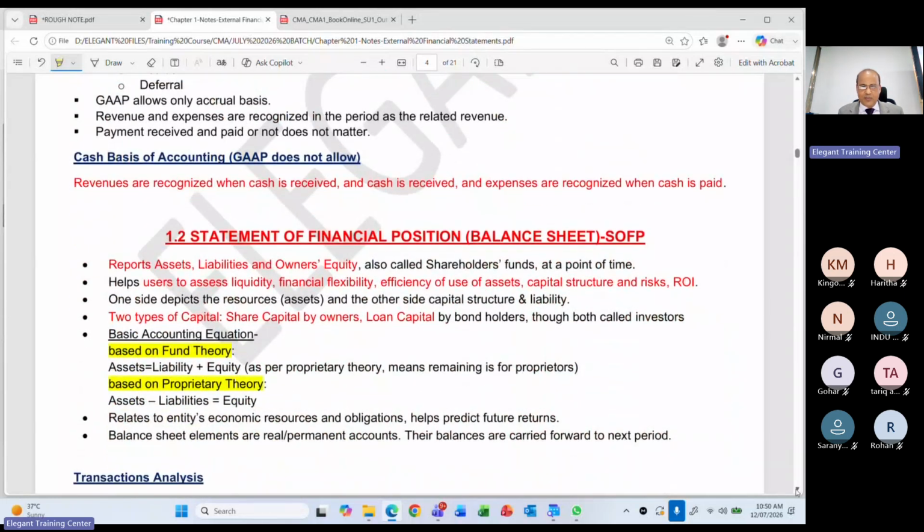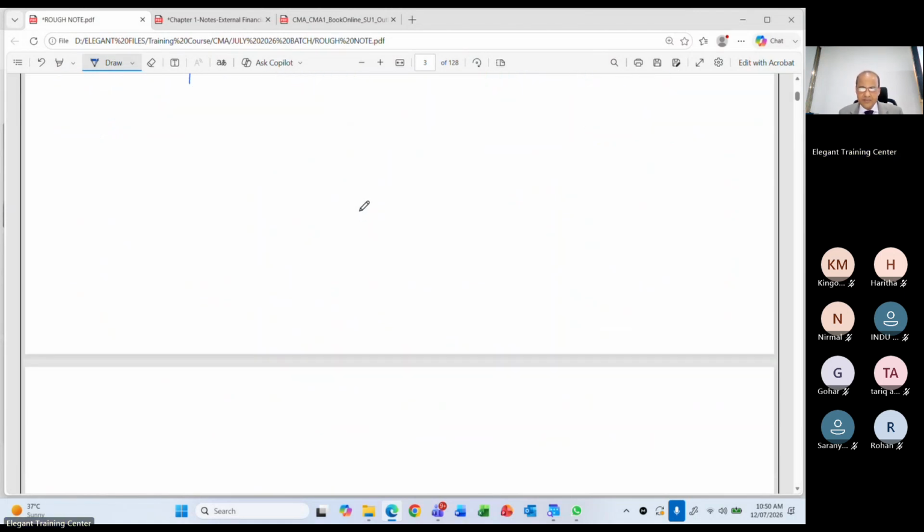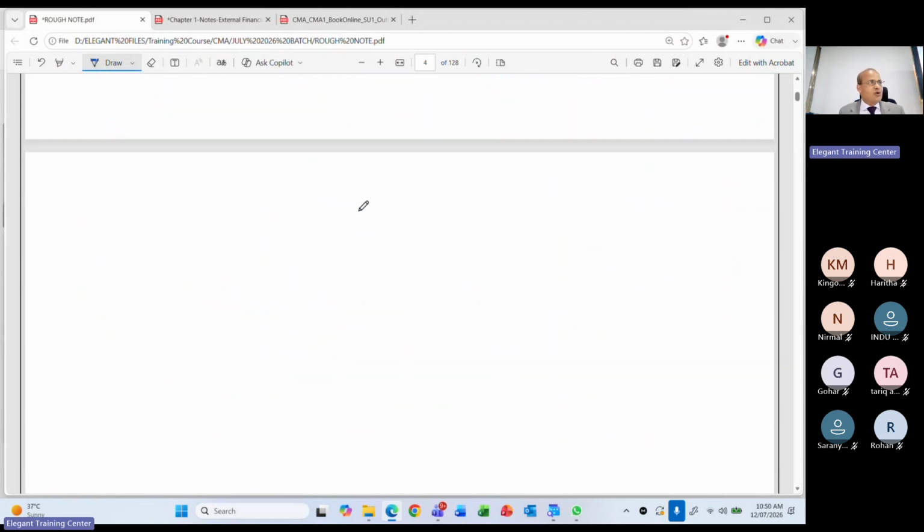Next coming, statement of financial position. First, we'll talk about the balance sheet. Now we are going to understand the financials one by one, right? And financials generally come as the income statement, then the balance sheet. But first we'll talk about the balance sheet.